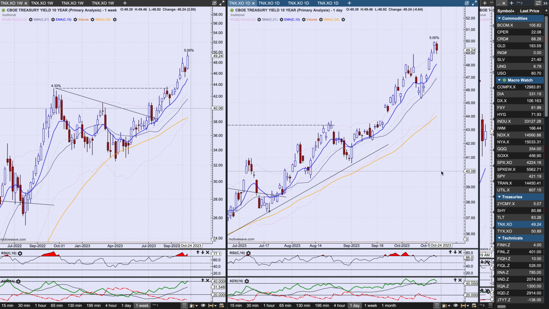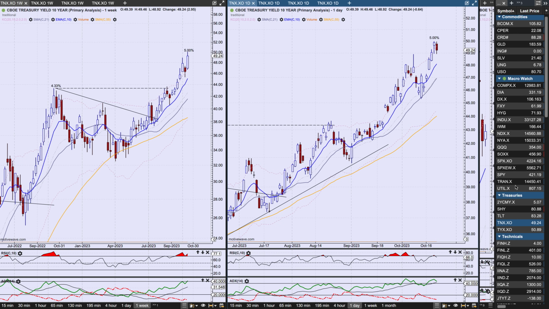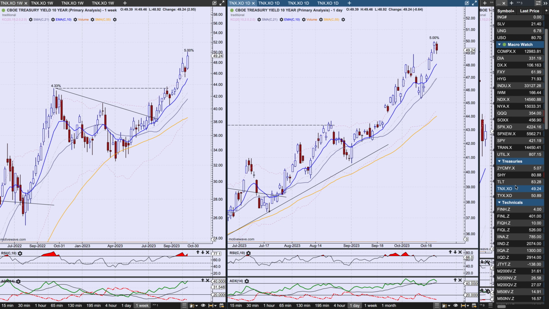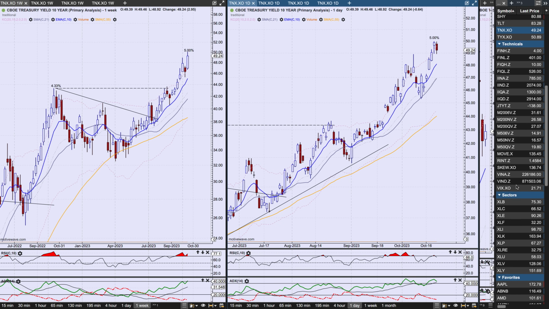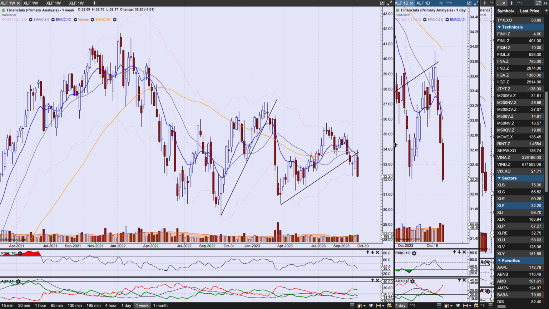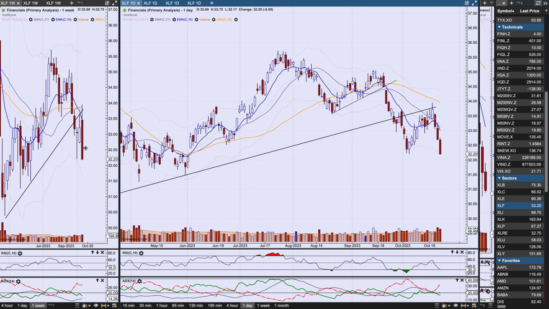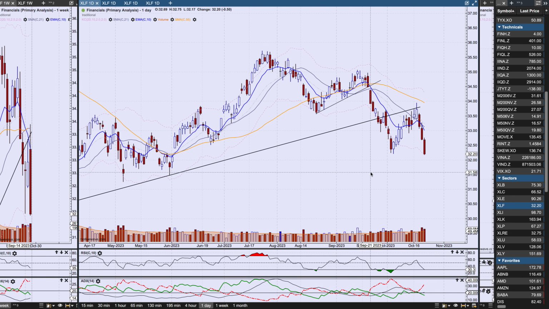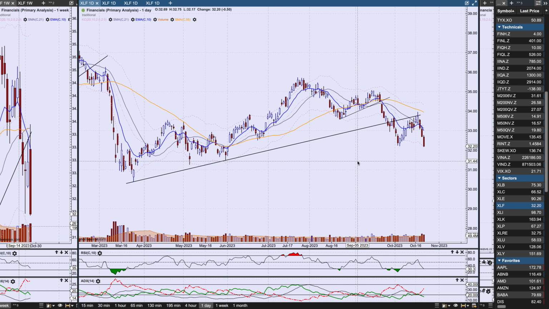So everybody was talking about the banks on Friday, and the regional banks. They were showing the charts of KRE and the other bank indexes. But all you've got to do is look at XLF and see how bad that looks. Look at what XLF did on Friday, down 50 cents, and down $1.01 for the week. So the weekly picture is pretty ugly. But when you look at the daily, look how we came up.